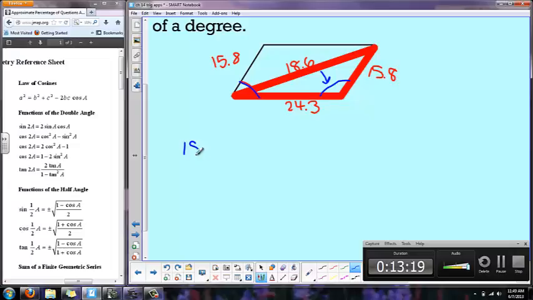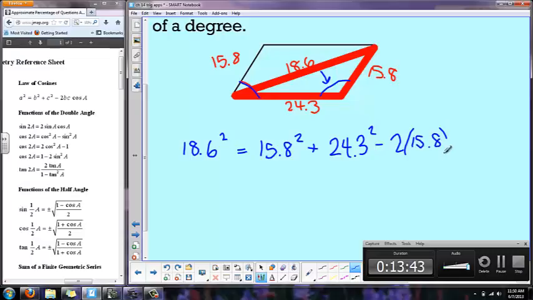So this is 18.6 squared is equal to 15.8 squared plus 24.3 squared minus 2 times 15.8 times 24.3 times the cosine of x, and that's what we're solving for.